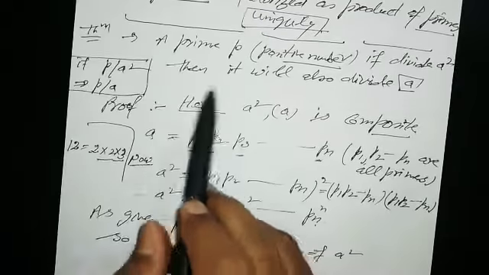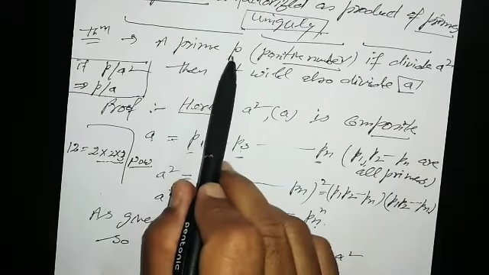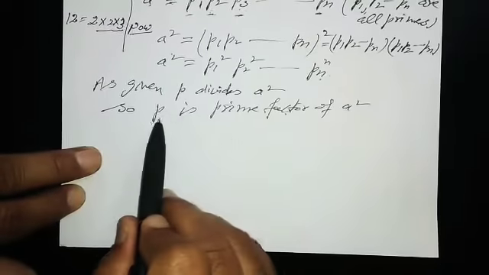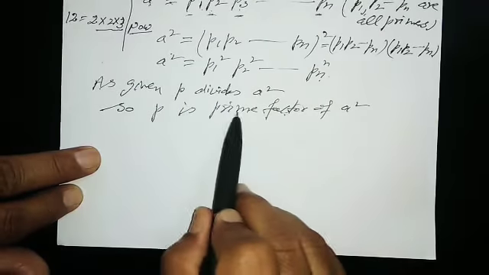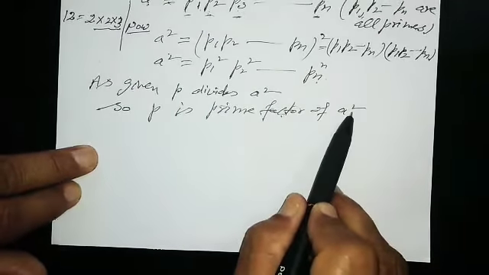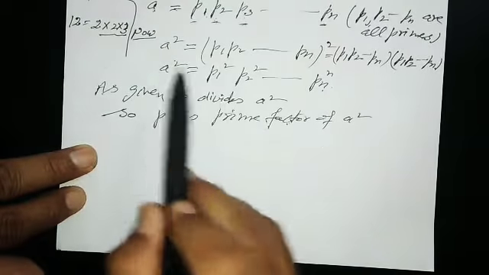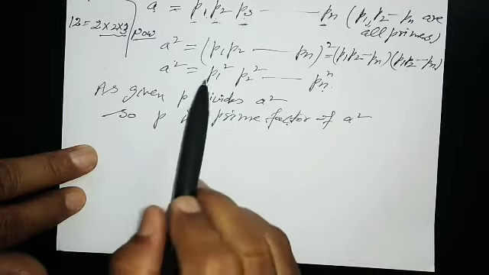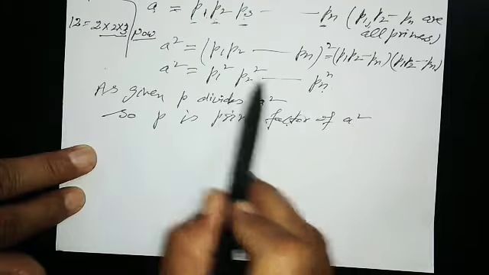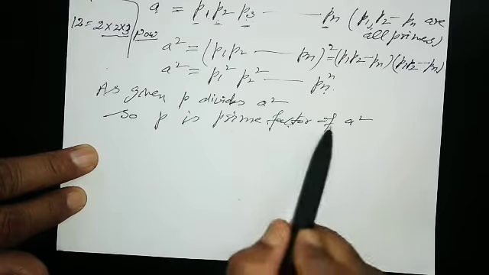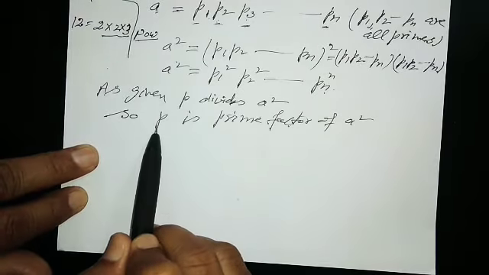Because in the statement we have clearly said that p is a prime number. So p is a factor and prime factor of a square.